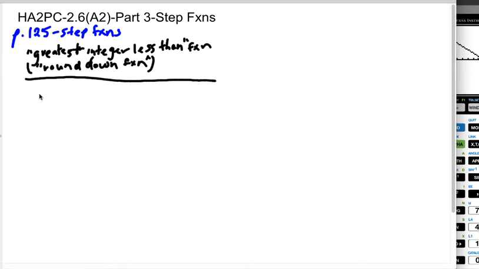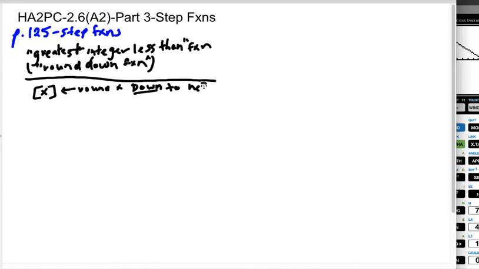So the greatest integer less than function, if you see brackets with an x inside them, what that's telling you to do is round x down to the nearest integer.